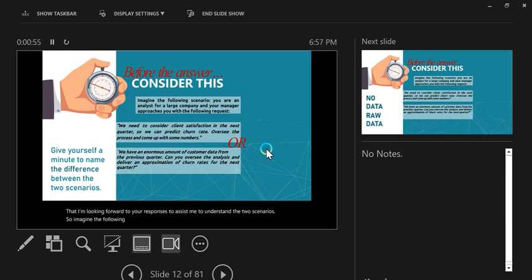You are an analyst for a large company and your manager approaches you with the following request. One is that we need to consider client satisfaction in the next quarter so we can predict churn rate.